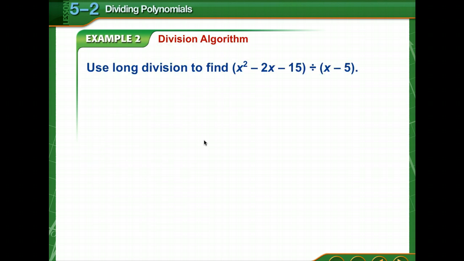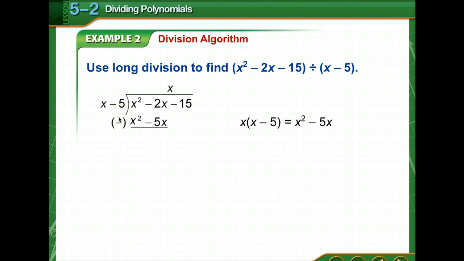You can use a process similar to long division to divide a polynomial by a polynomial with more than one term. This process is known as the division algorithm. So we simply rewrite this as a division problem, what we're used to seeing. What we look at is this first term and this first term. How many times does x go into x squared?